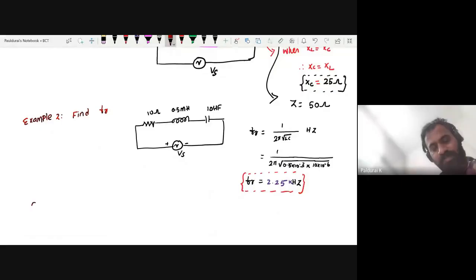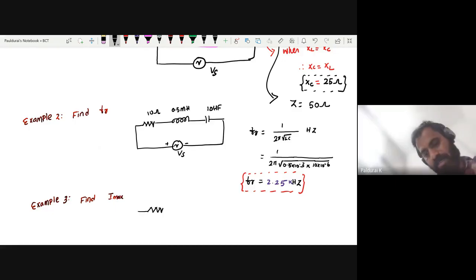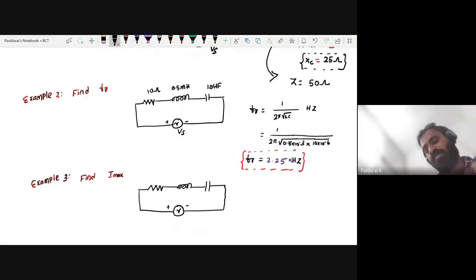Take the third problem. Find I max, the maximum current.